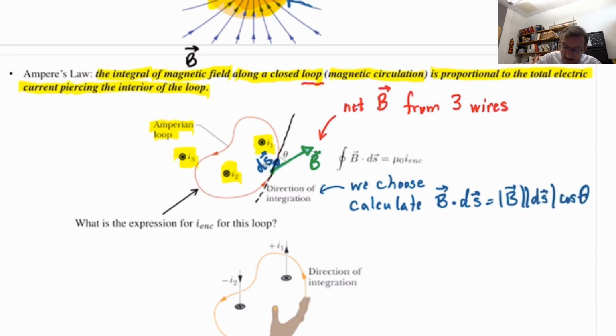I'll call that angle theta. You can see it's actually labeled in the diagram. And you'll get some scalar number when you do that for that one little piece.